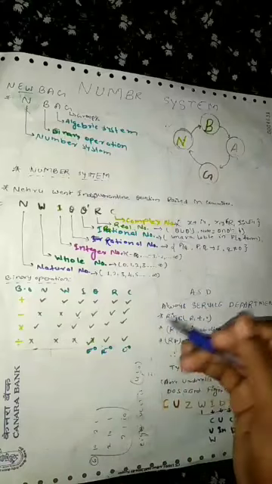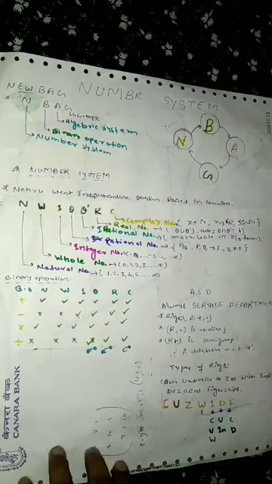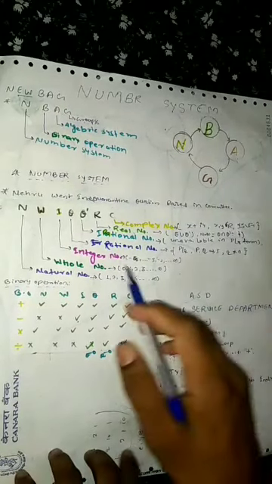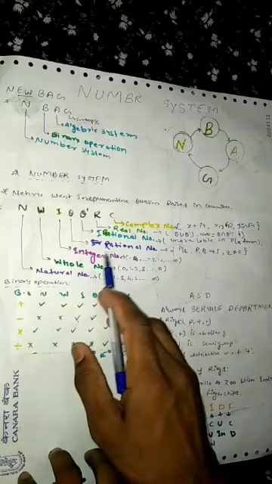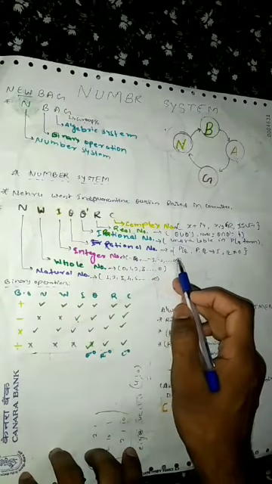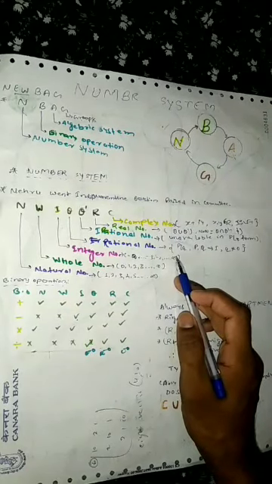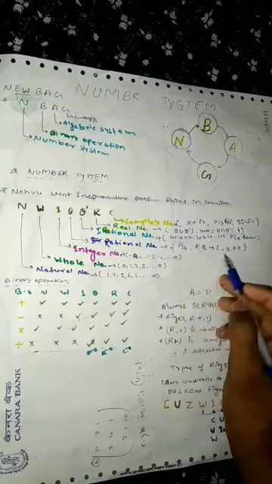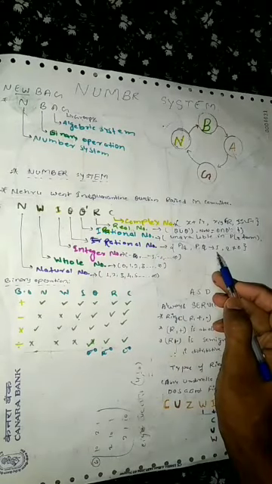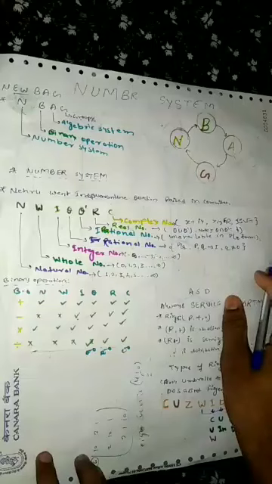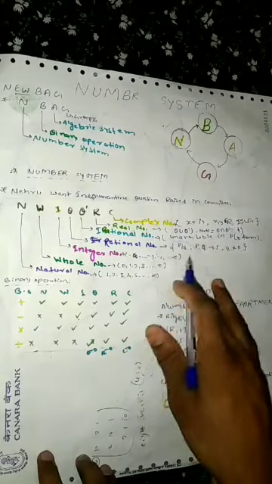Means we can say integers are from minus infinity to plus positives. And then next one is rational numbers. Rational numbers are numbers that can be stated in the form p by q, where p and q are integers and q is not 0.